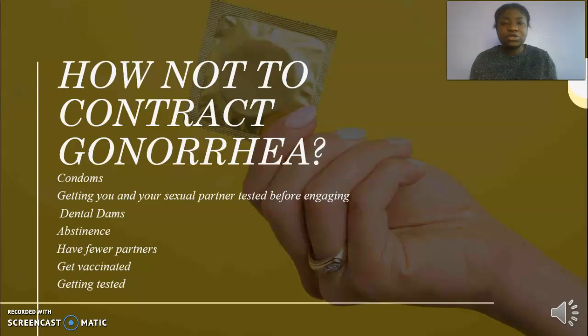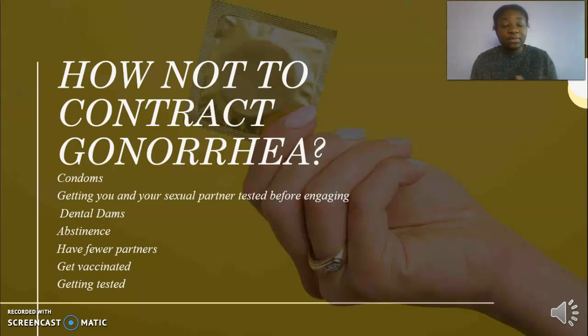Also, get your sexual partner and yourself tested very regularly. It's okay to go get tested. Everybody should do it. Everybody should know what type of health they are in, and it's important to maintain that relationship with your doctor, so if you do contract something, you'll be comfortable going to get it treated accordingly.